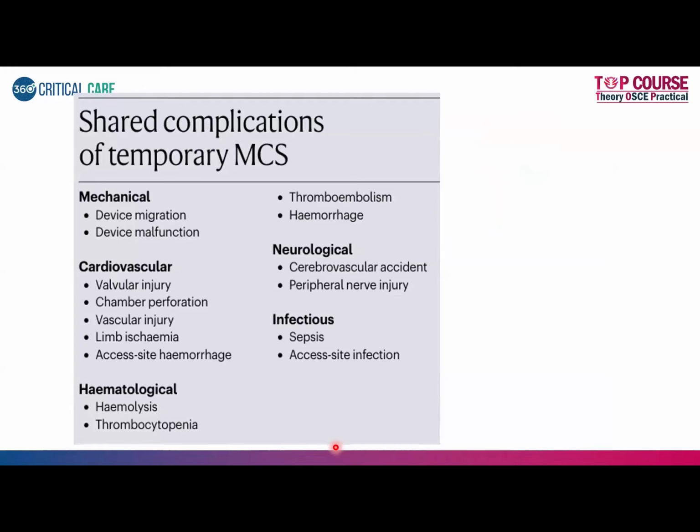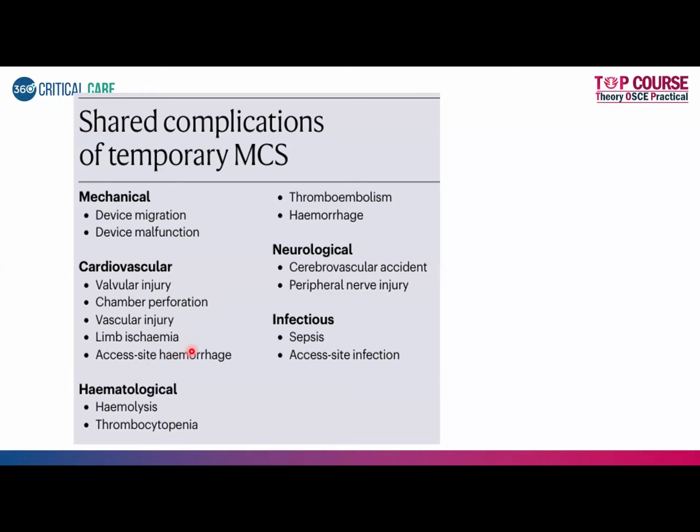Okay. Complications of these devices, you can divide as pre-procedure, during procedure, and after procedure, early versus late, or you can divide it in this form: mechanical, cardiovascular, hematological, neurological, and infectious disease. So these are the complications where there can be device migration, device malfunction, valvular injury, chamber perforation, vascular injury, limb ischemia, access site hemorrhage.